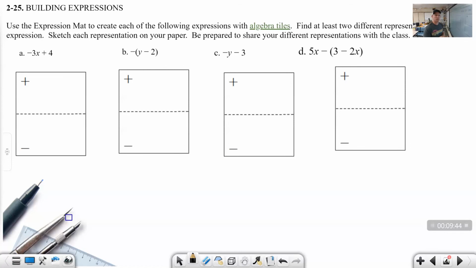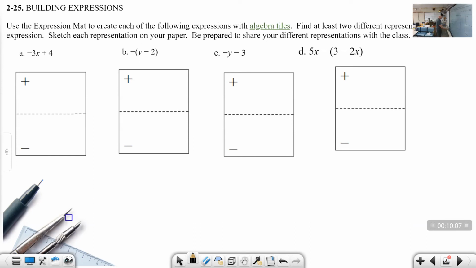So, for problem 2-25, this is where you're going to want to click on the algebra tiles icon. Because what you're going to do is look at the problem in your book, and then build it and draw it. I'll do A and B, you do C and D. Here we go.